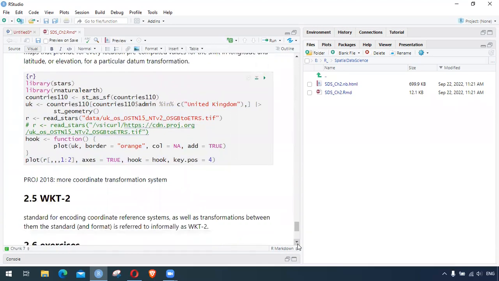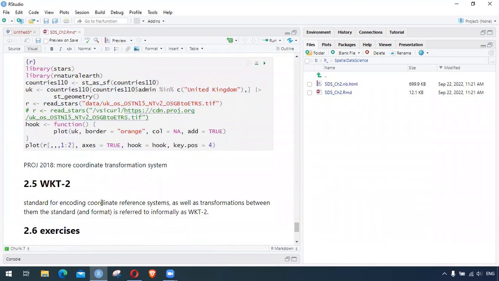And then we have 2.5, WKT2, which is the standard for encoding coordinate reference systems, as well as transformations between them. So this is referred to as WKT2, just a way to encode these coordinate reference systems.